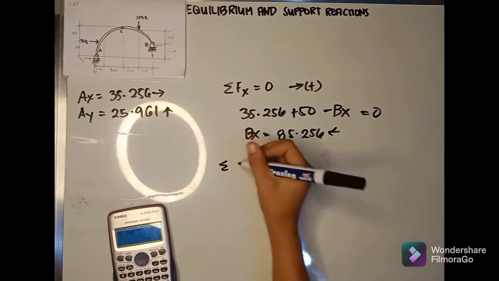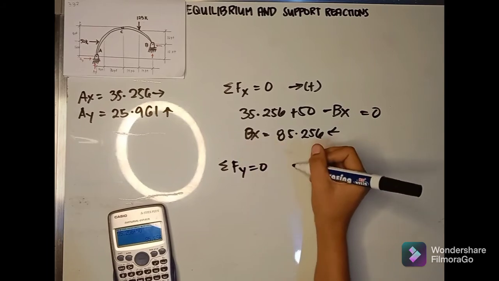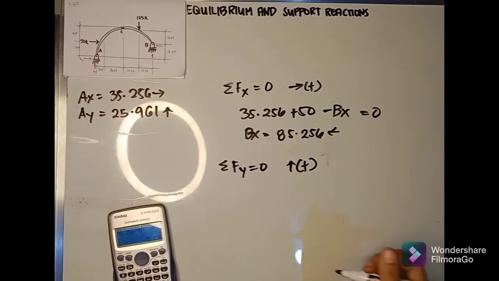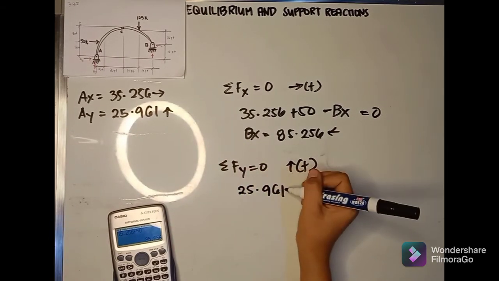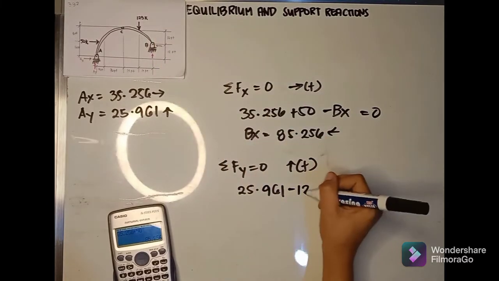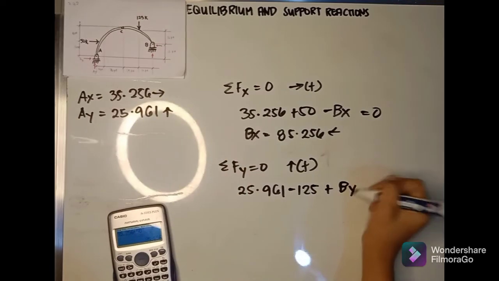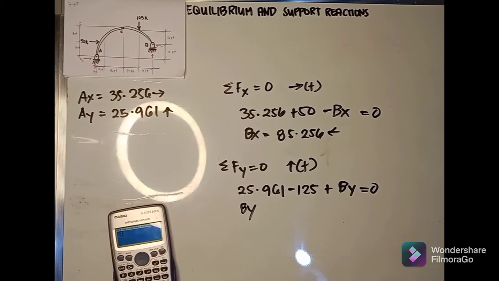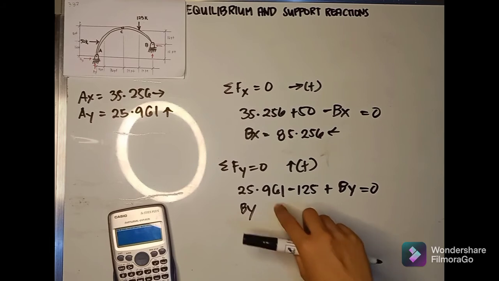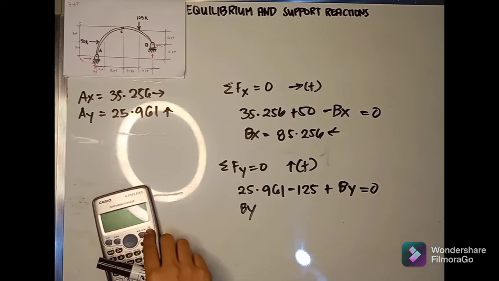Okay. Now to find our BY, summation of forces vertical equals to 0, upwards is positive. AY 25.961 minus 125 plus our assumption for BY is upward, so BY is equals to 0. Now solving for BY, let's assume na we already transpose this to the negative side, so mag-change na yung sign nila.